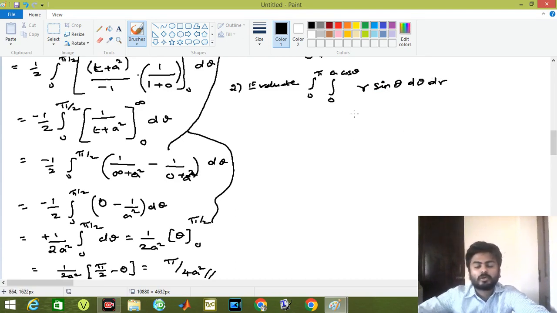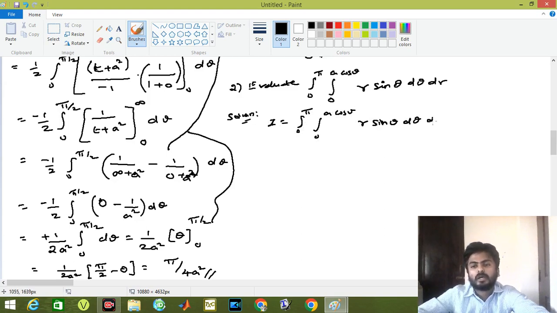Okay, so now we shall write the solution. What is given? I equal to integral 0 to pi, integral 0 to a cos theta of r sin theta d theta dr is given.